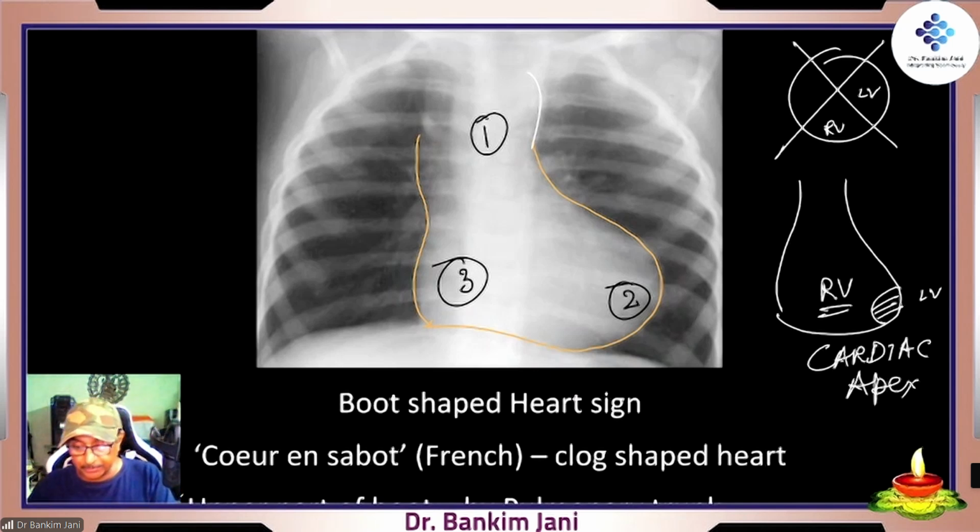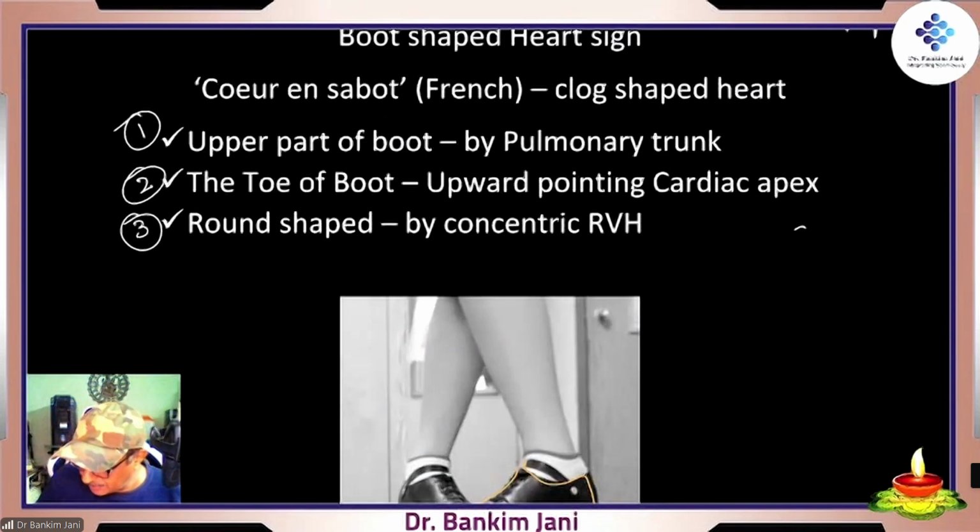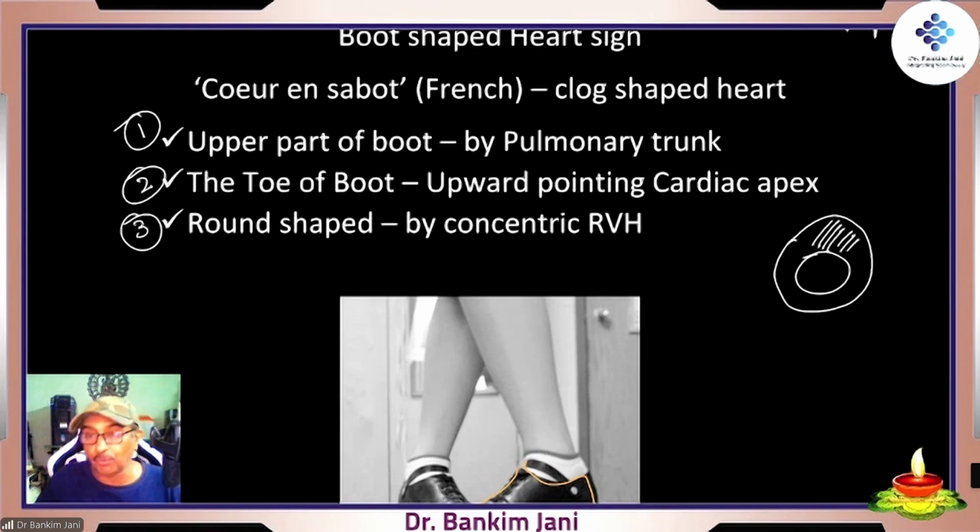So that is the toe. And this third one, that round shape, is classically because of concentric right ventricular hypertrophy. Concentric means all the muscles, right? Say this is the structure. If it is enlarged like this, this is focal enlargement. Focal, only one portion is enlarged.